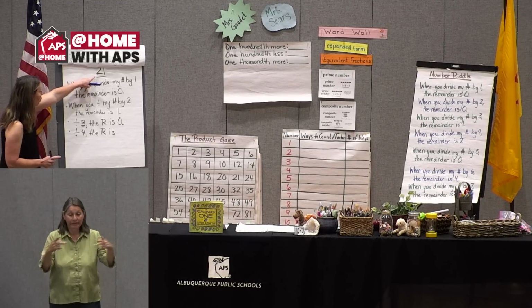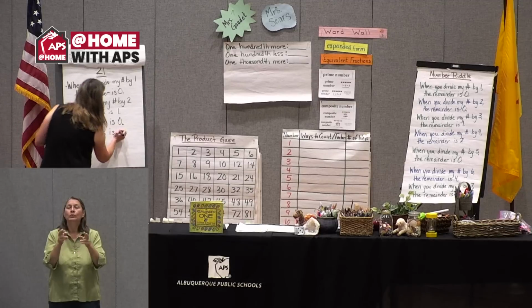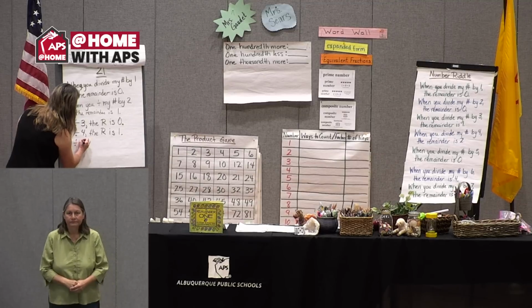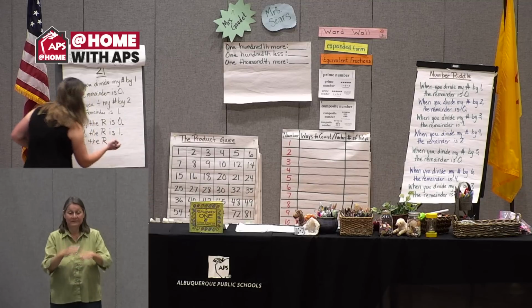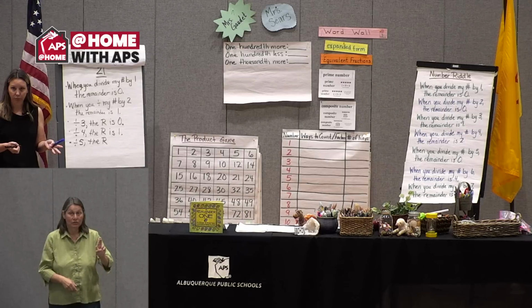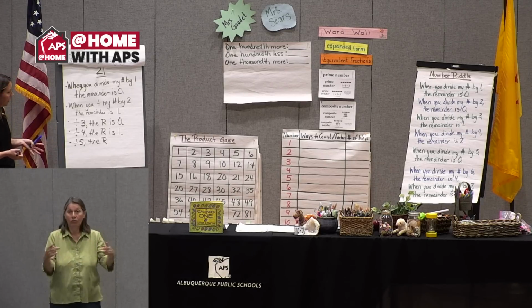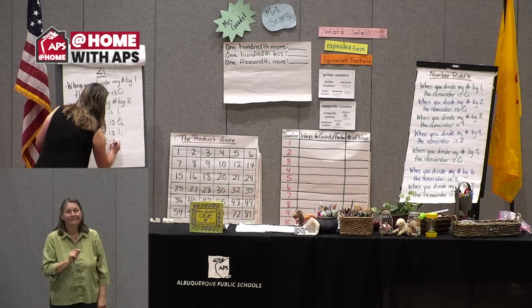All right, we're close. So what would the remainder be? 1. Now let's try if we divide by 5. What is the remainder? Well, 5 times 3 is 15, 5 times 4 is 20. Ah, there we go. We got it to 20. The remainder is 1.